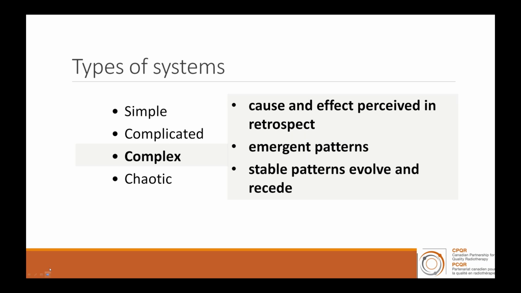An example of that would be where we have a treatment planning protocol that is improved, and some patients are treated on the old treatment protocol, while, as the numbers increase, more patients are on the new treatment protocol. So these patterns are constantly changing, and some disappear and others reform.